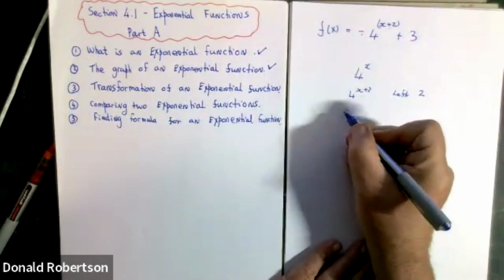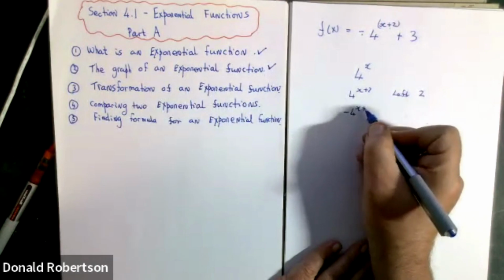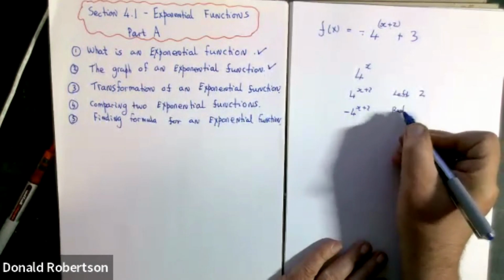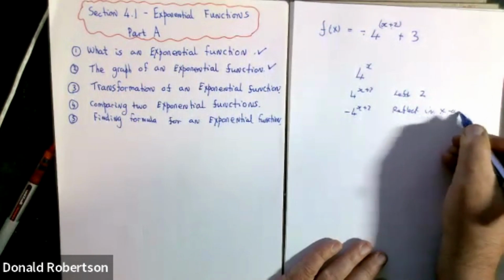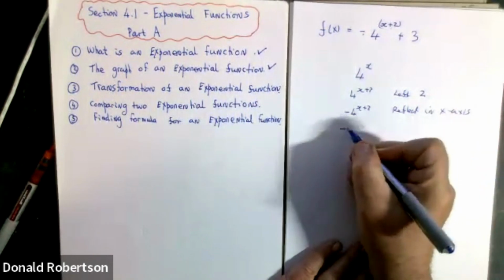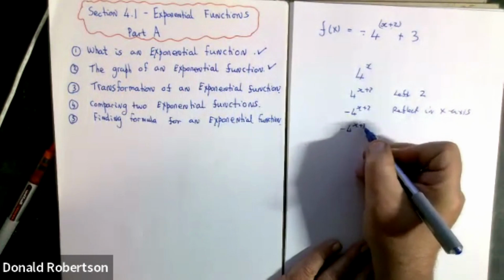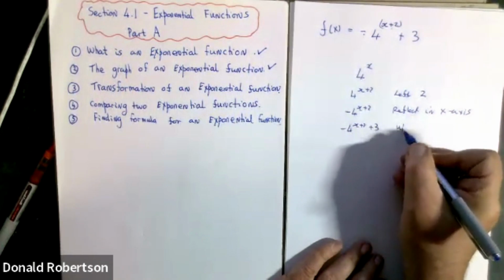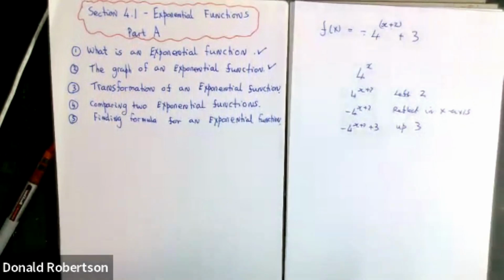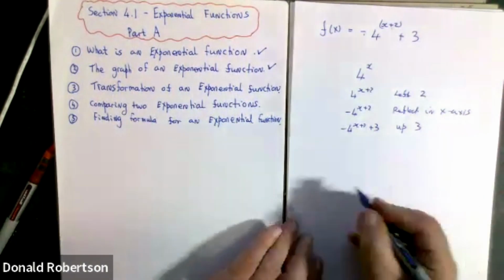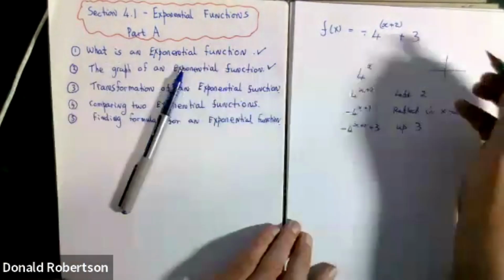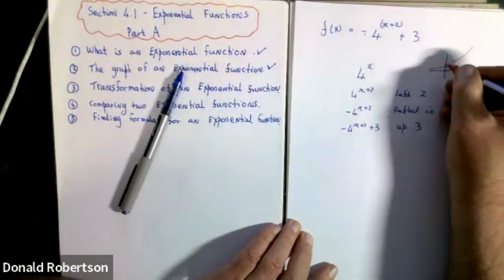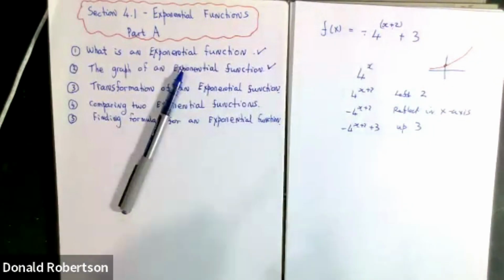Now you reflect it in the x-axis. And last, you do the add 3, which means you move it up 3. And since it's 4 to the x, your basic start shape would be that.